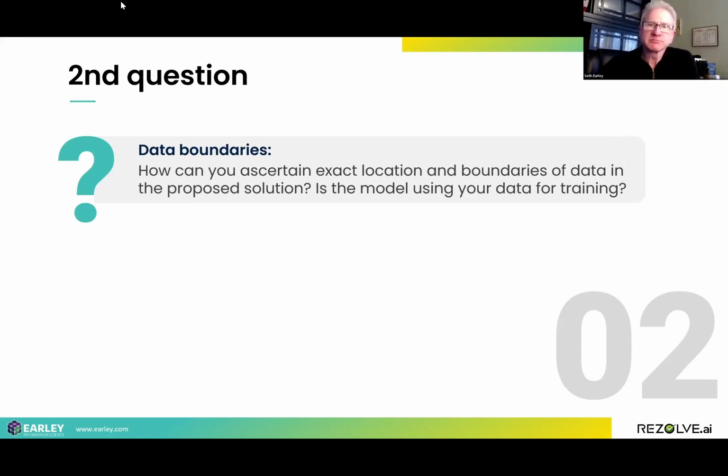So the second question is around data boundaries, right? I think this is a question worth asking, very, very important. Seth, you want to take a lead on that? Sure. So just as you start breaking that process down and you have the different steps to that process, at each step there's going to be a stakeholder with an information need. That's what we need to define: what is that information need?